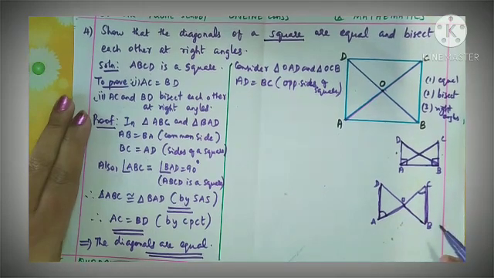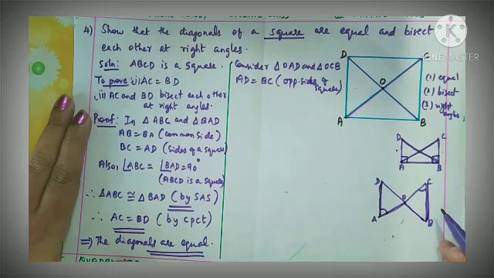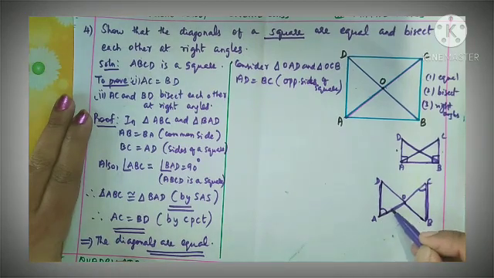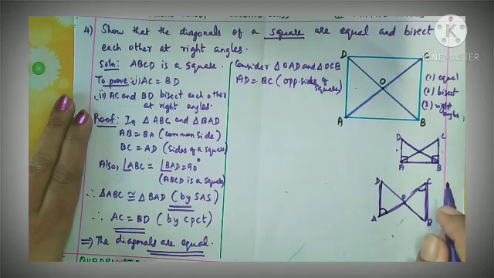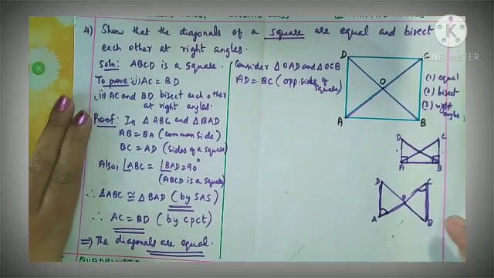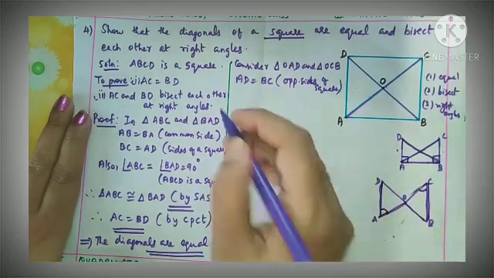By result we studied, a square is a parallelogram, so this middle AC will act as a transversal cutting the two parallel lines, so that this angle and this angle are alternate interior angles. They are always equal. Understand? So that is the thing we are going to write.